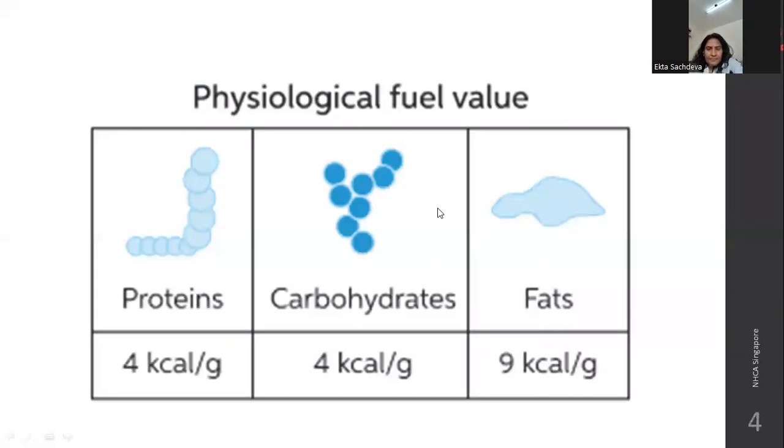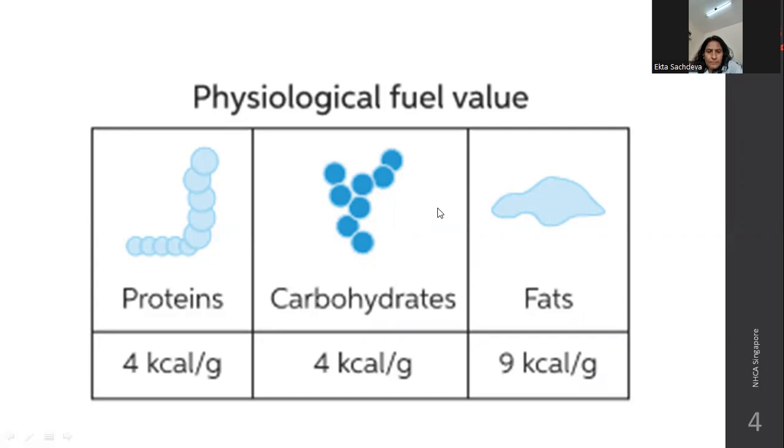Next, coming to physiological values of the food, physiological fuel value. I guess we all know this from the previous classes especially. 1 gram of protein can give you 4 kilocalories. 1 gram of carbohydrates can give you 4 kilocalories. 1 gram of fat can give you 9 kilocalories. These are the kilocalories which these food macronutrients are supposed to produce within the human body.